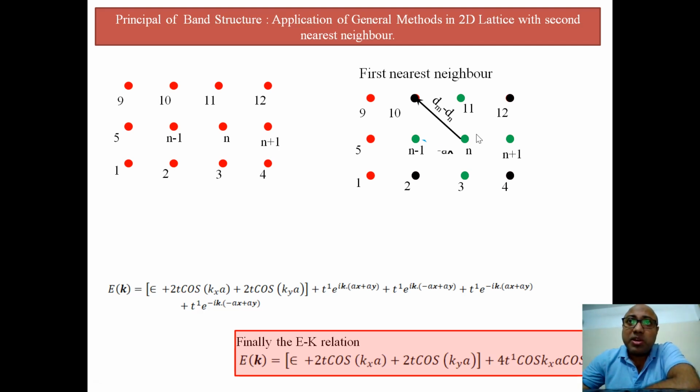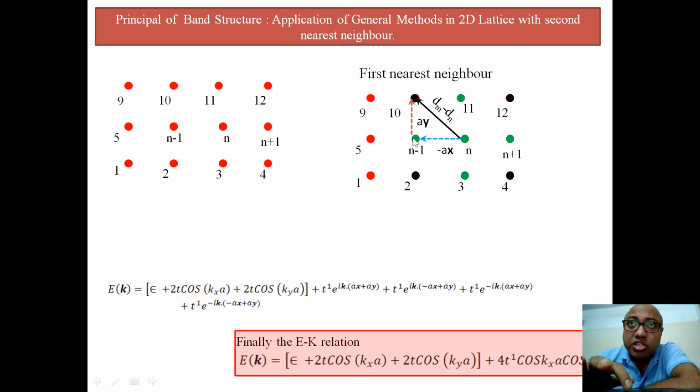It is very easy to calculate. This line, the sky blue one, is minus a x, because it moves in this direction, where x is the unit vector. And this one is a y, because it is a periodic crystal, so the distance from one atom to another is a, and y is the unit vector.